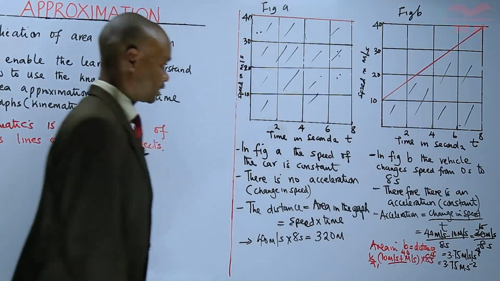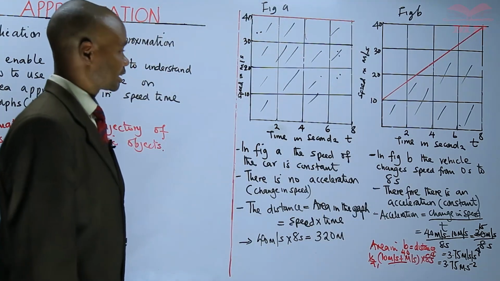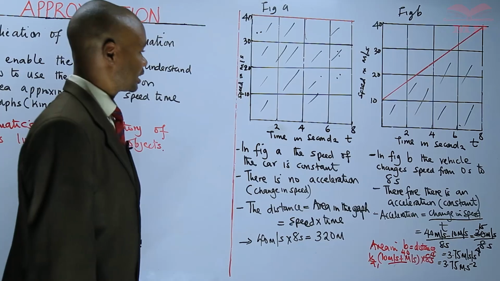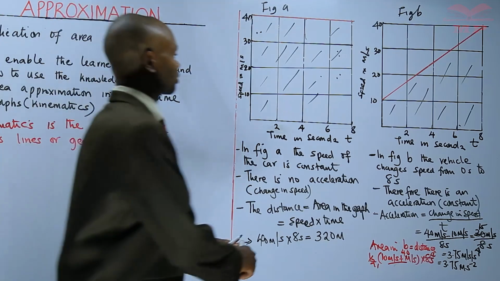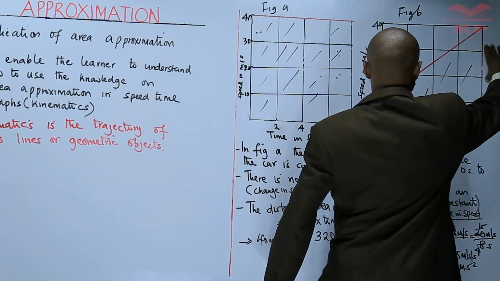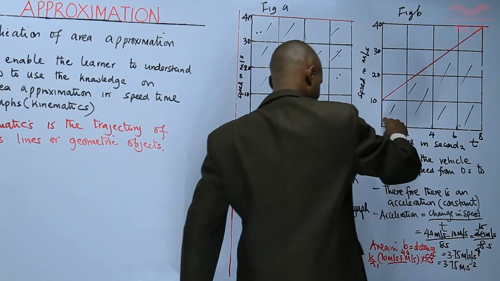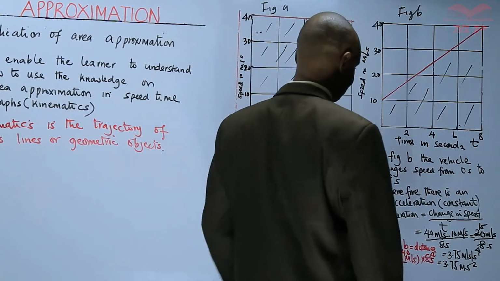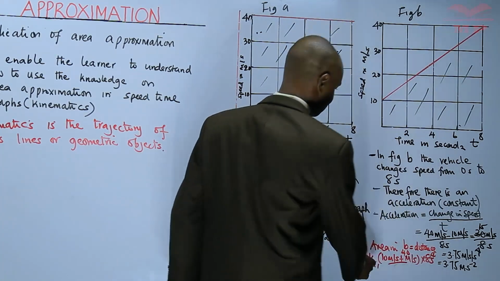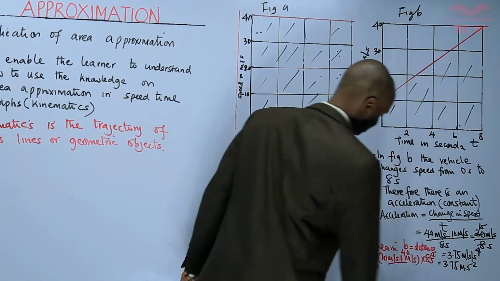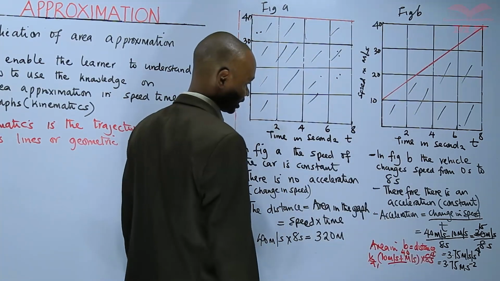10 plus 40 is 50, because we have here 40, and that is 10. So these 2 cancel with the 8, we get 4.